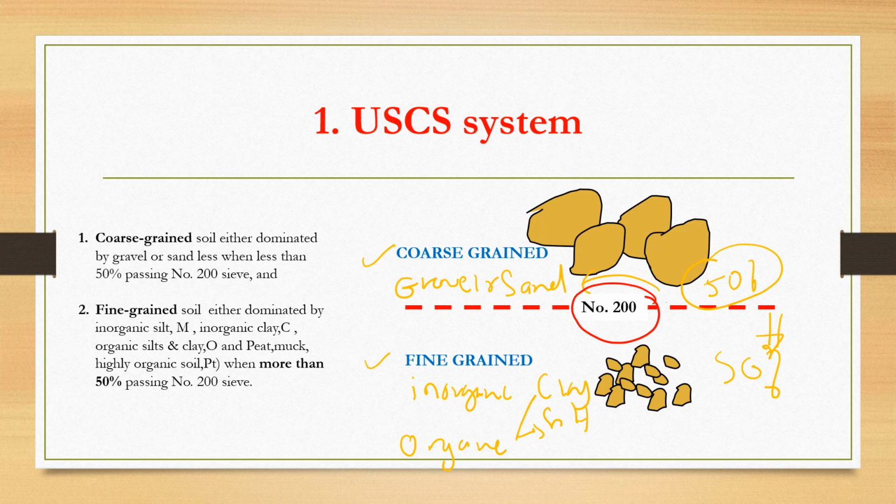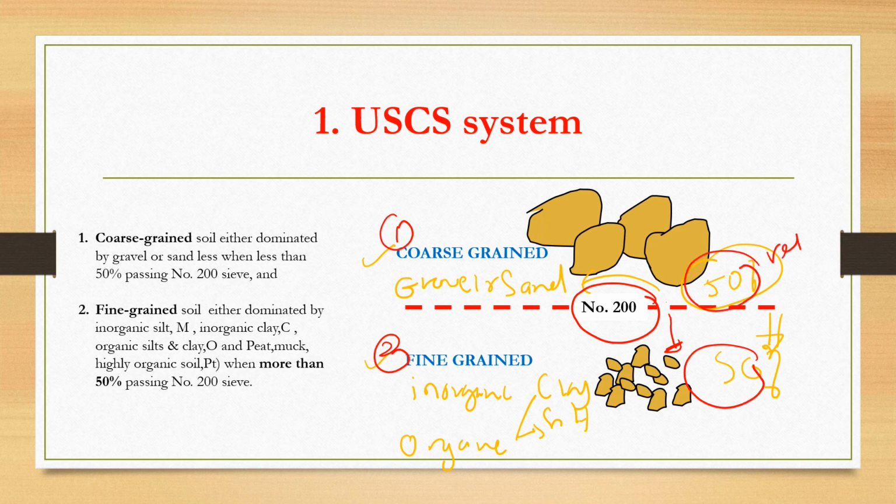So in the USCS system, they first divide the soil into two groups: coarse grain or fine grain. To differentiate that, whether your sample is dominated by coarse or fine, they look at sieve number 200, either more than 50% of particles passing or more than 50% of particles retained.